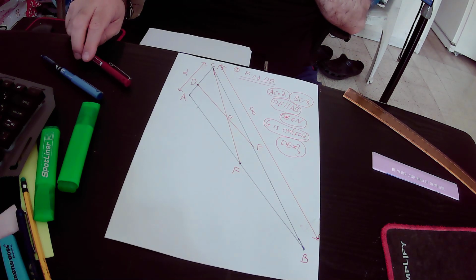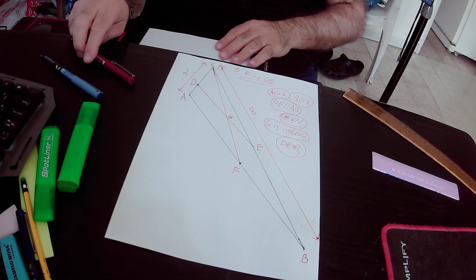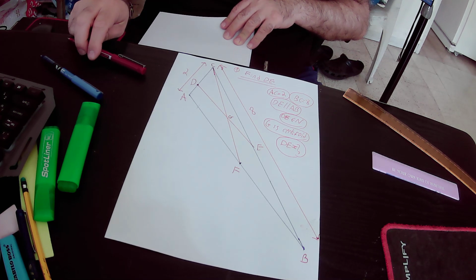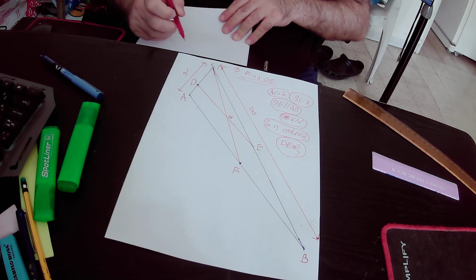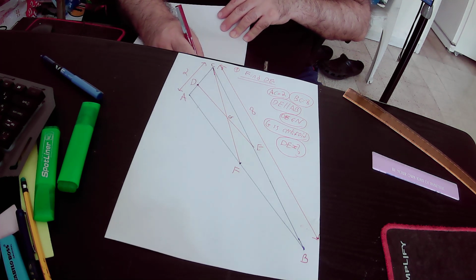So first of all, we have a rule, I will call it rule number 1, that relates to the centroid of a triangle.